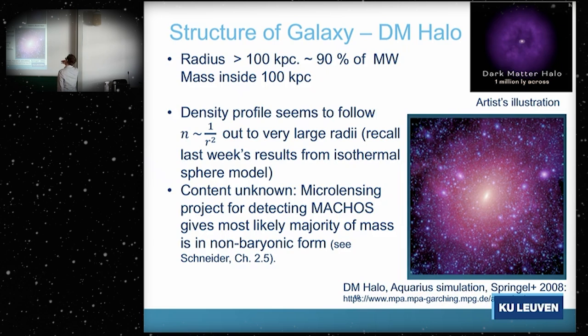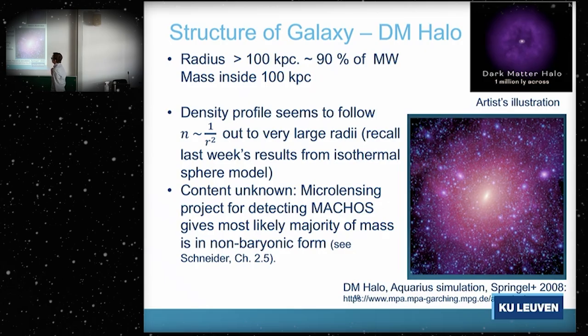Yeah, and the density profile seemed to follow 1 over r squared out to very large radii. And recall again the isothermal sphere. That can also be learned indirectly from studying the rotation curves, as we have said. Now, the content of this dark matter halo is unknown, as is also familiar to us.